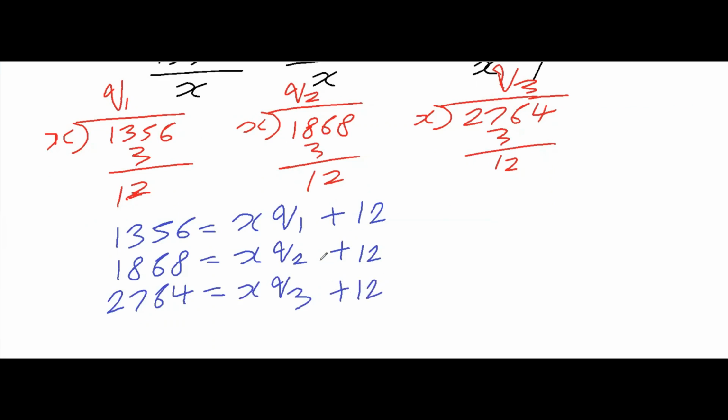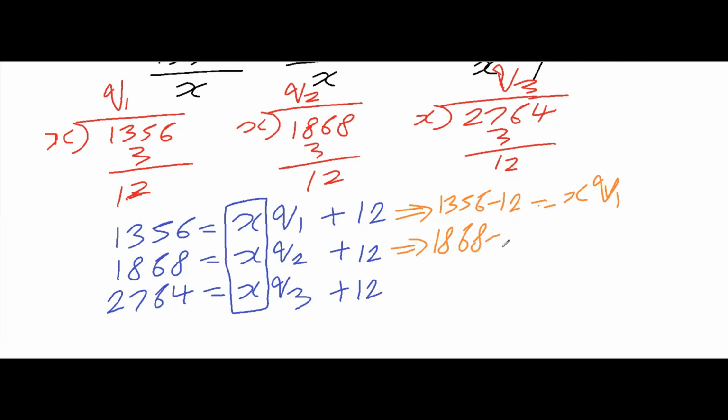Got it? Now I need to find x. To find this x, I will transpose this 12 every time. I get 1356 minus 12 equal to x q1, 1868 minus 12 equal to x q2, and 2764 minus 12 equal to x q3.